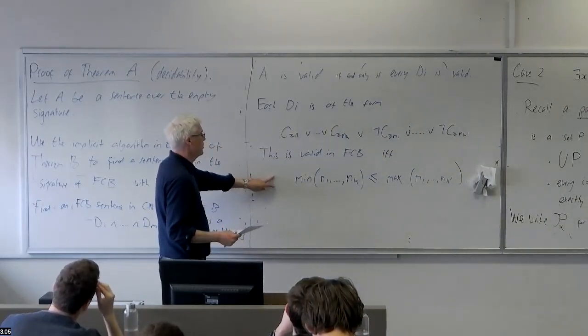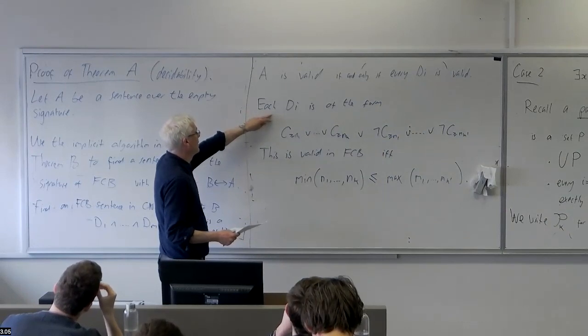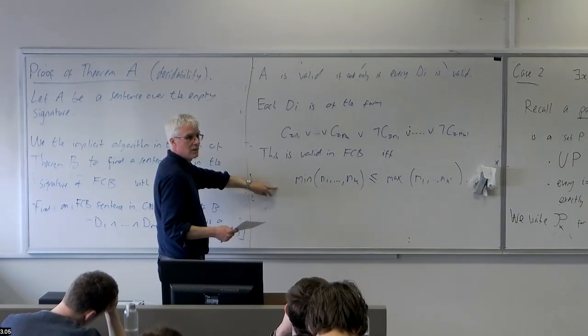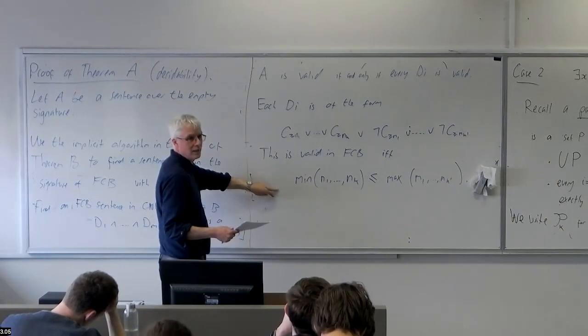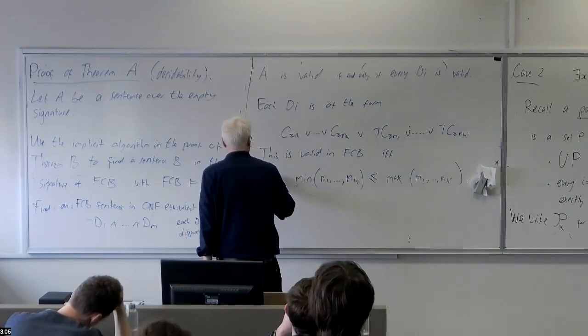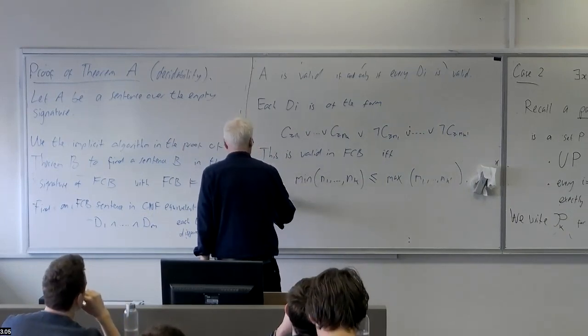So if this is true for every DI, we return yes, and if it's false for one DI, we return no. Let's call this star star because we had a star earlier.